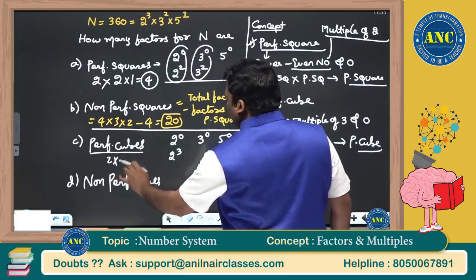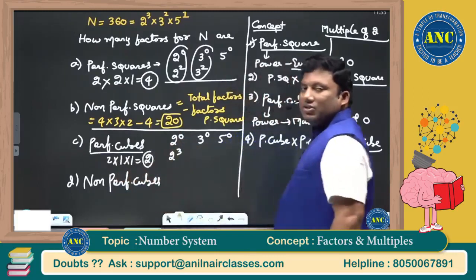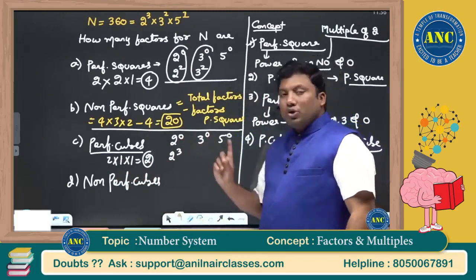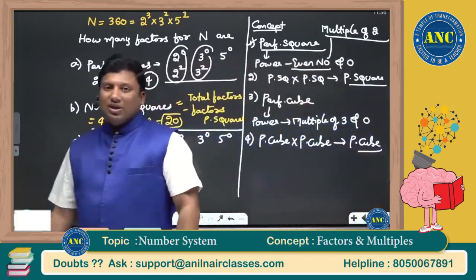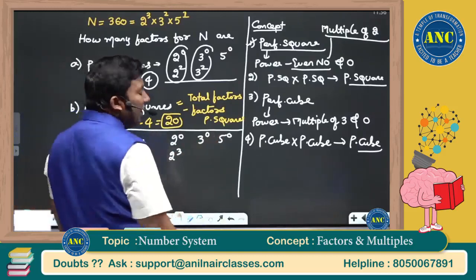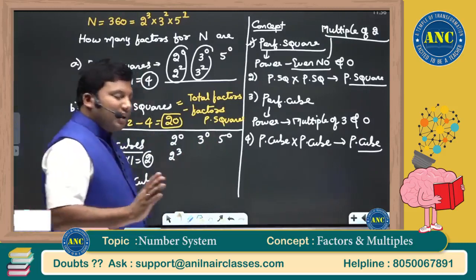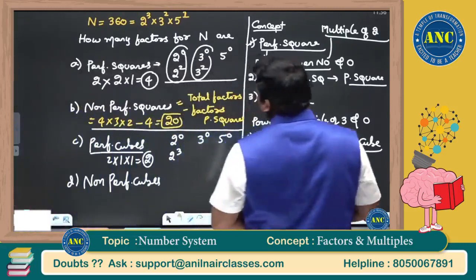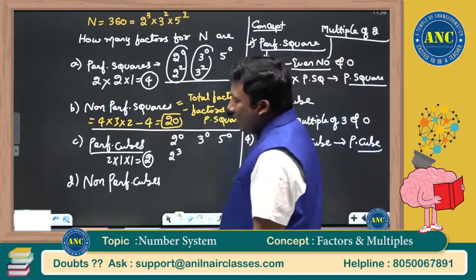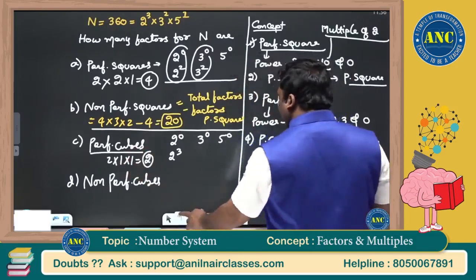So 2 into 1 into 1, which is 2. 2 power 0 into 3 power 0 into 5 power 0, 1 is a perfect cube. 8 into 1, 8 is a perfect cube. For a perfect square, power should be an even number including 0. For a perfect cube, power should be a multiple of 3. Non-perfect cube.